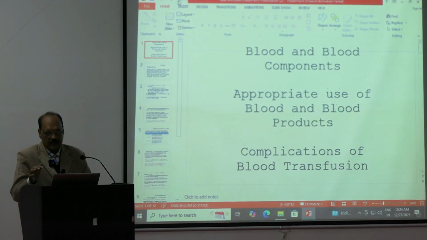When we are transfusing a patient in a hospital setup, you have to see whether any reactions occur in the initial stage, and how you are giving the blood transfusion. So monitoring is very important for us.